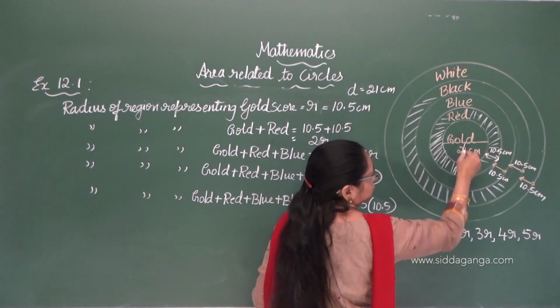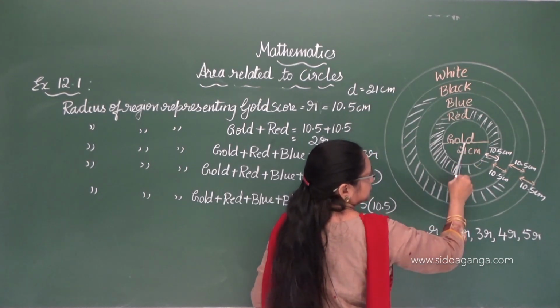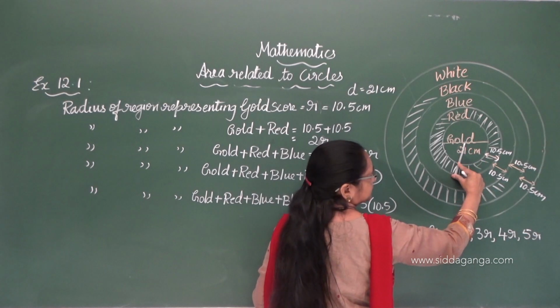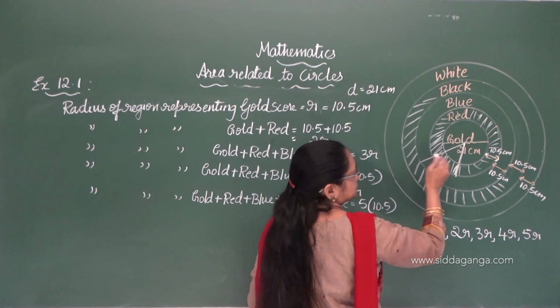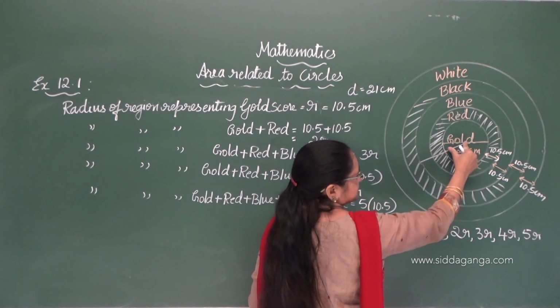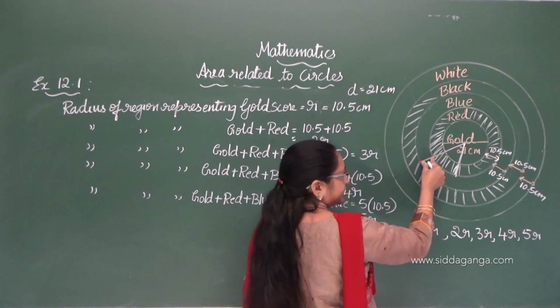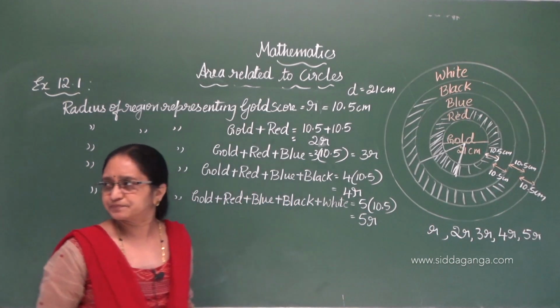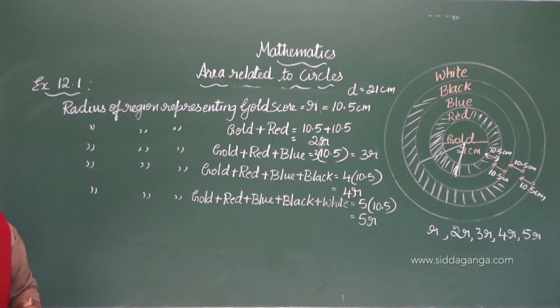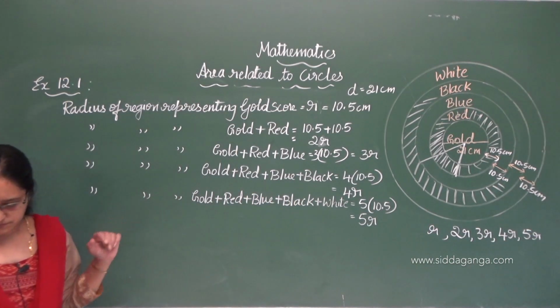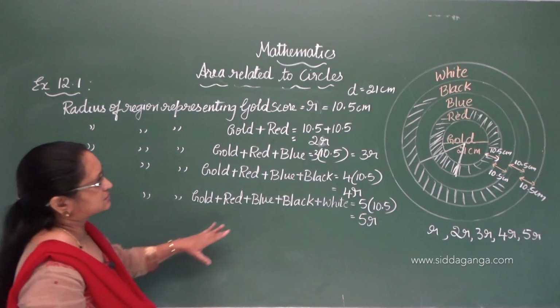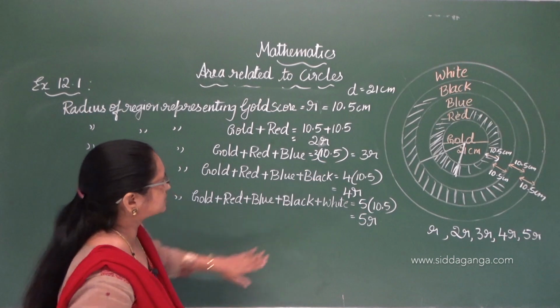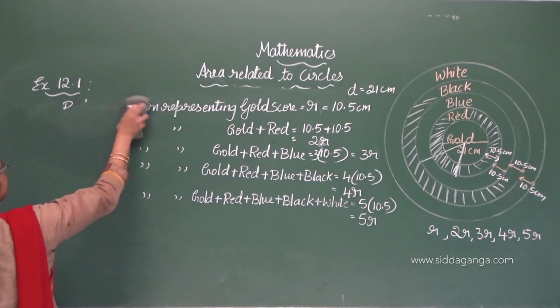R means here, 2R means this much, which is 10.5 and again 10.5, and 3R is this much, so 10.5, 10.5, 10.5, like this. Now this is about radius. So shall I rub this and find out the area now.